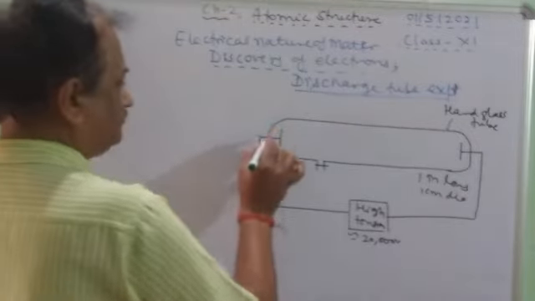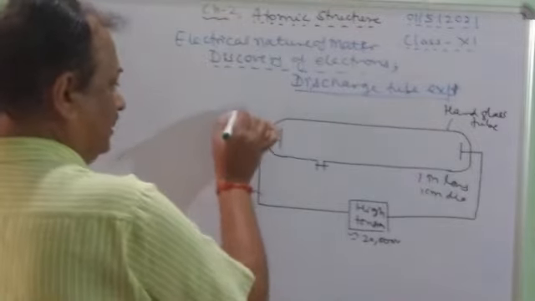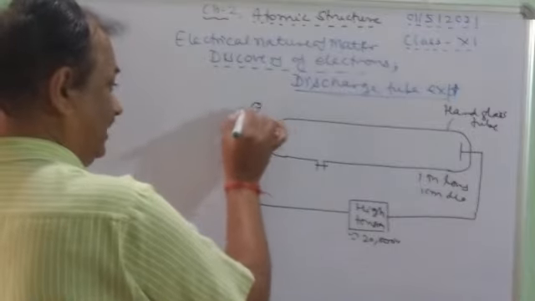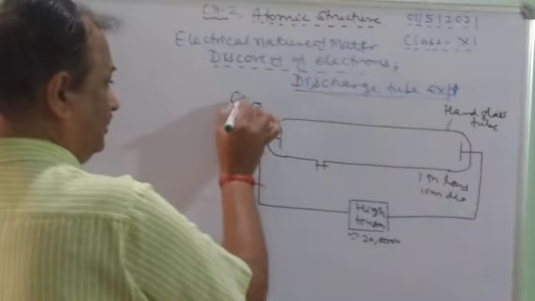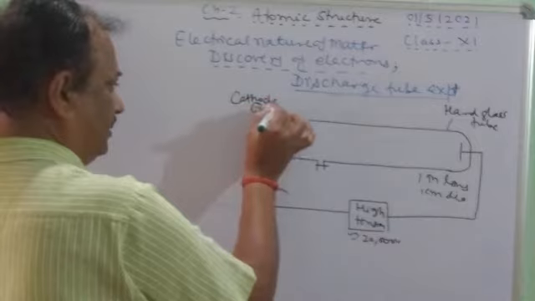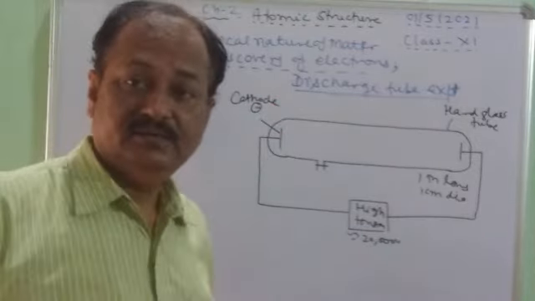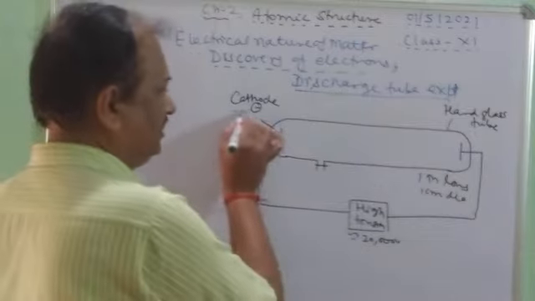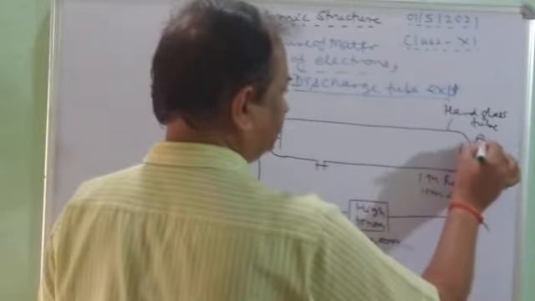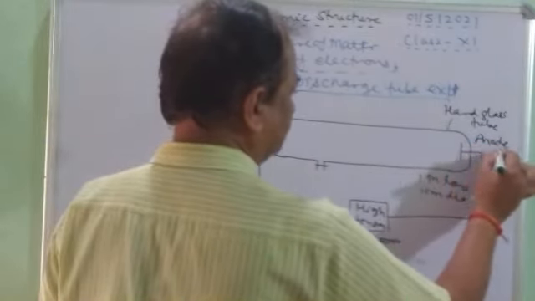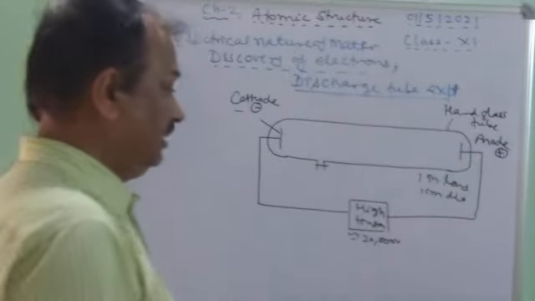Now this is the cathode, negative, a metallic disc. As the cathode is here, there is the anode here.